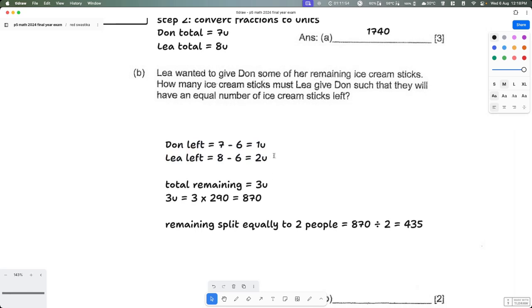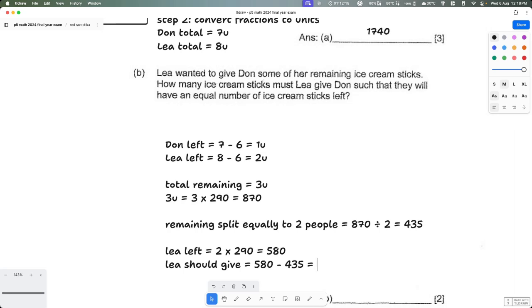Okay, so now we know what each person needs. So in this case, Leah left is equal to 2 times 290, which is equal to 580. Okay, then Leah should give 580 minus 435.